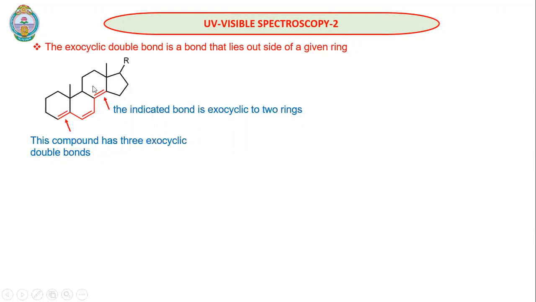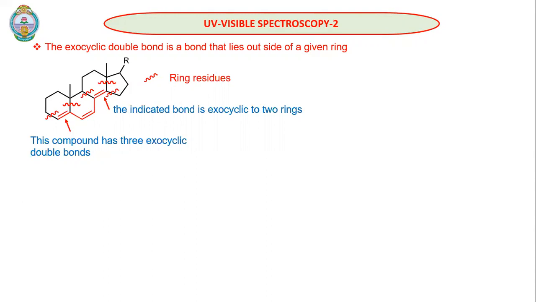For calculating these alkyl substituents and ring residues, it is better to take conjugated double bonds also as part of the parent. So that is why I have given red color to these 3 double bonds. Now we can easily determine whether they are alkyl substituents or ring residues.